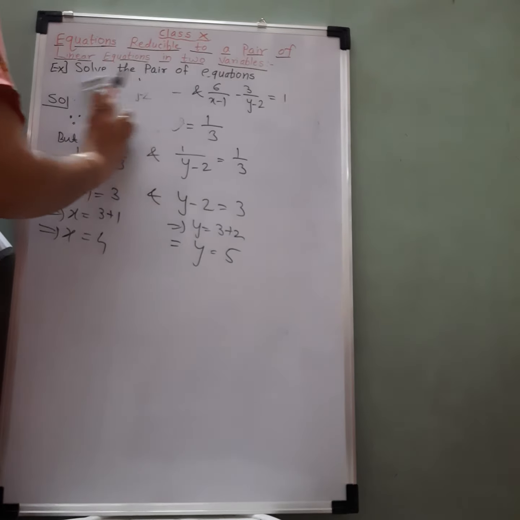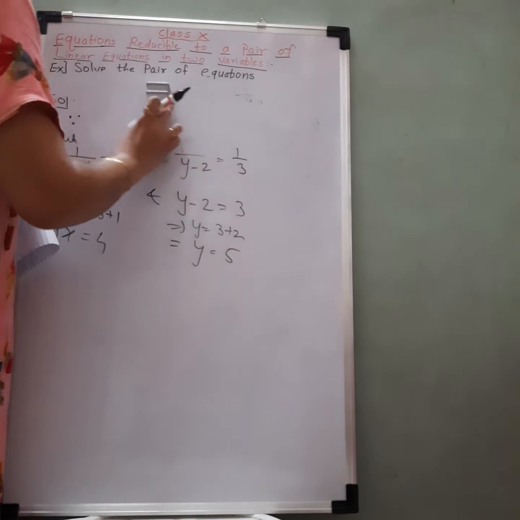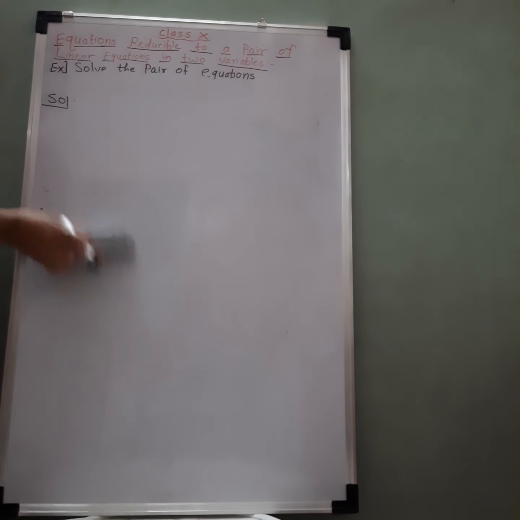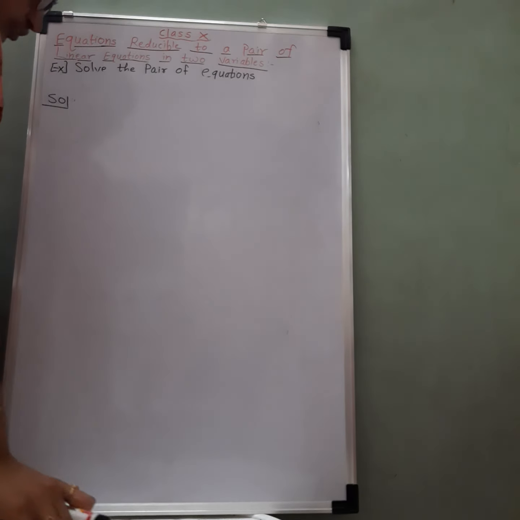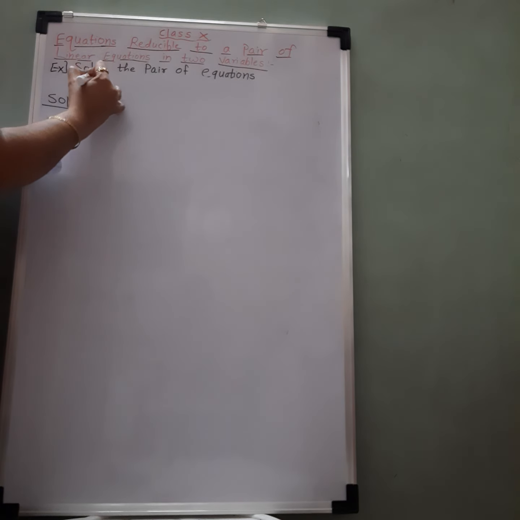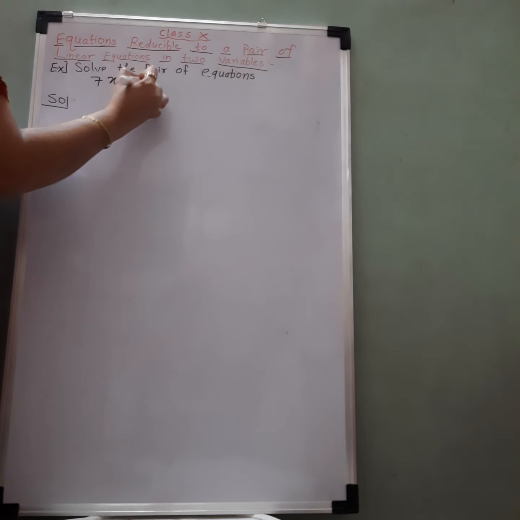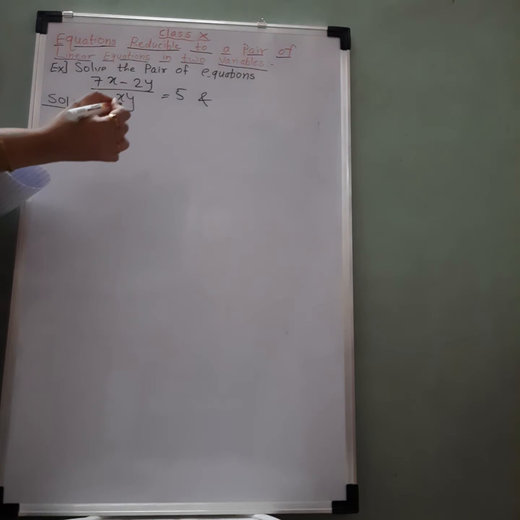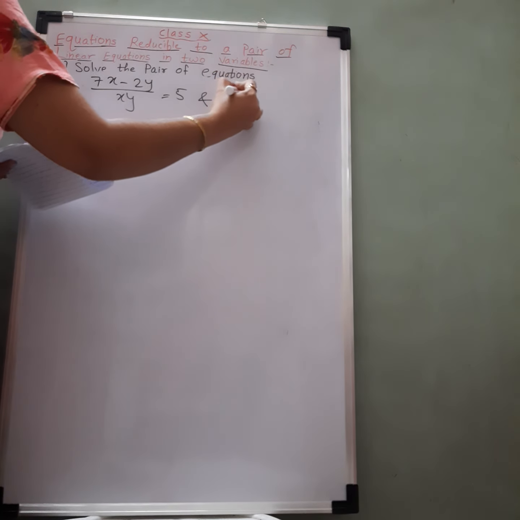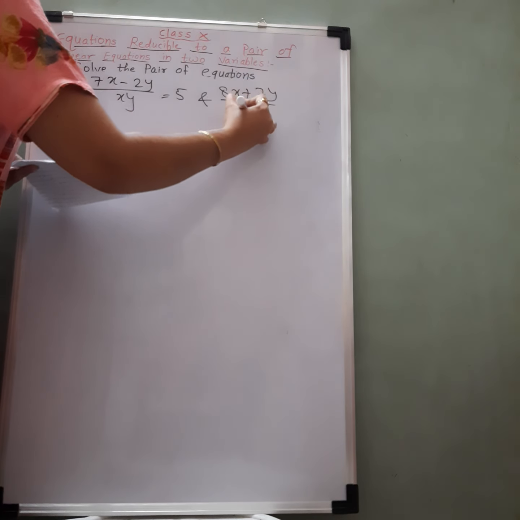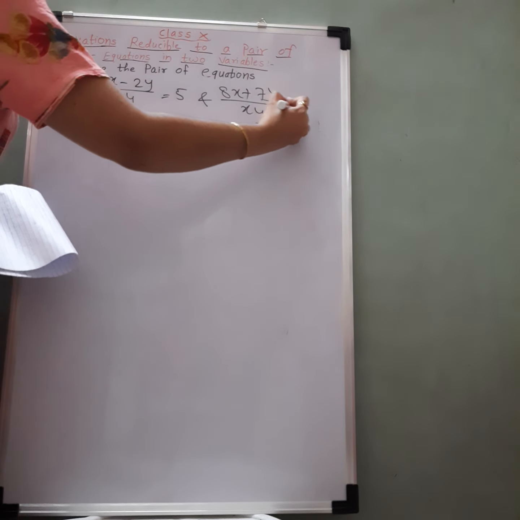So here the next question is, 7x minus 2y upon xy is equal to 5 and 8x plus 7y upon xy is equal to 15.